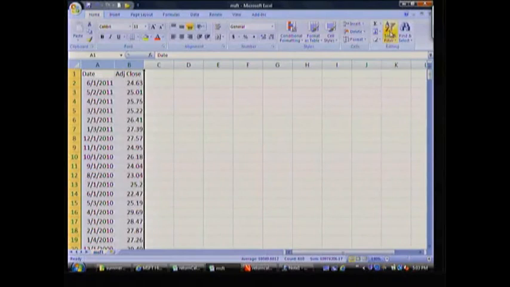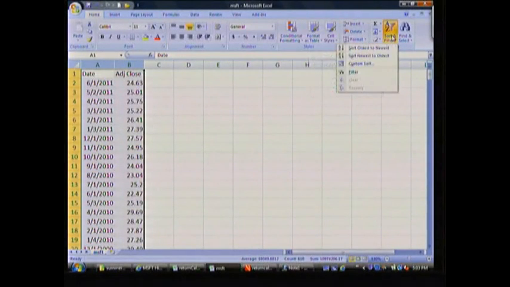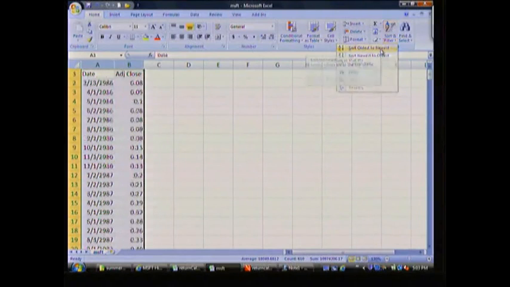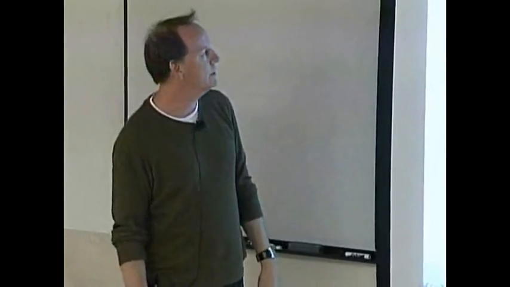And then notice that there's this sort filter. I believe that's right. And we want to go from oldest to newest. And so now we have the earliest date up at top, and time is now running forward. Okay. So this is important to recognize when you're downloading data from Yahoo. Go through this, get rid of the data that you don't want to have, make sure that time is running in the right direction, and so now you're ready to do various computations.